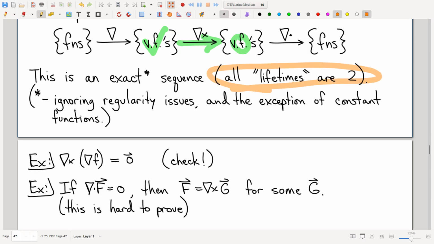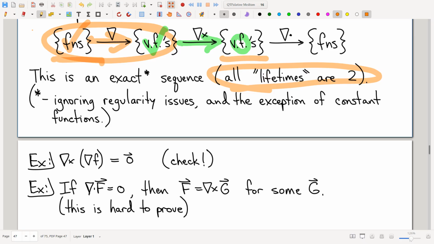I don't mean at most 2. I mean all lifetimes are literally 2. There is one counterexample. We'll talk about that in a minute. But silly counterexample aside, all lifetimes are 2. So if it died here, it has to have been born here, which means that vector field must be the gradient of something. And this is another true fact.